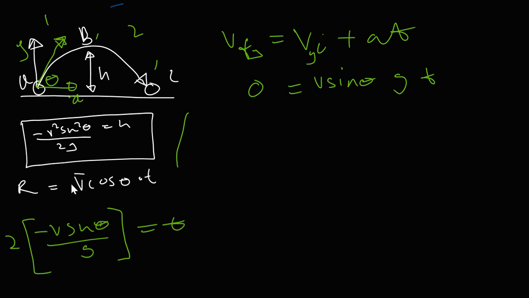Now from these formulas, I can substitute one into another, because the range is from here to here, and the 2 times is from here to here. Again, it's time times 2.